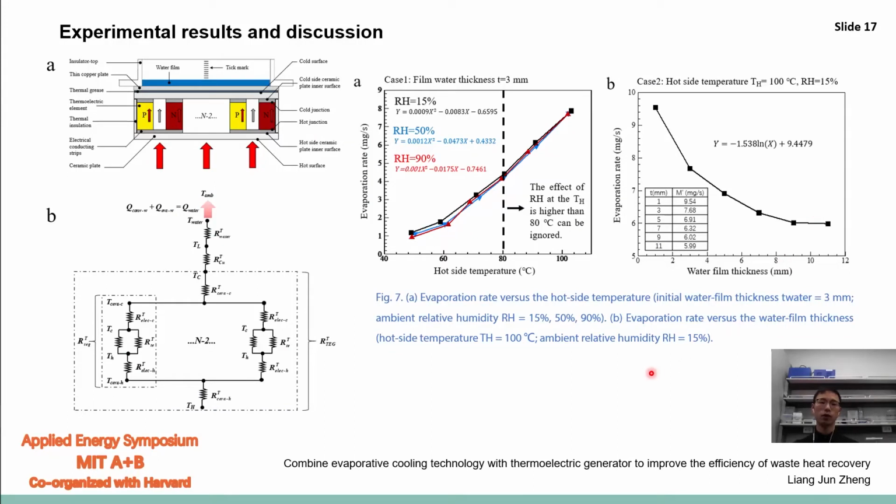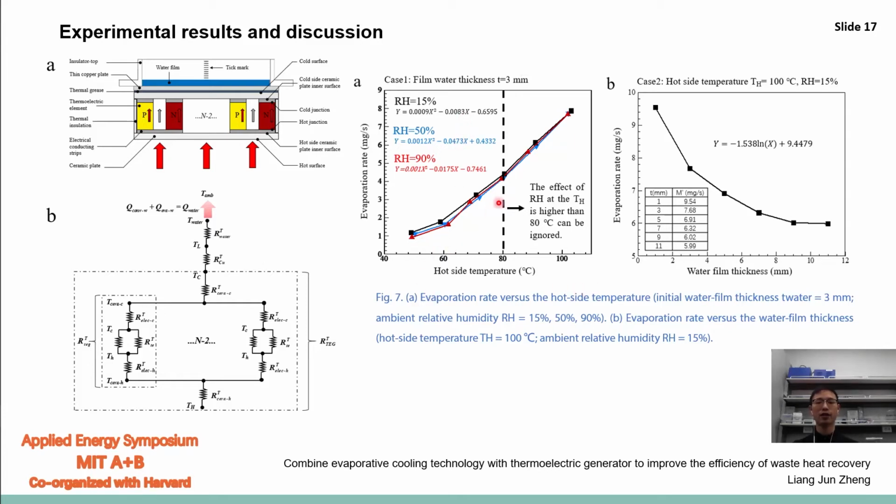And before we do the experiment, we have to get the evaporation rate to control the water film thickness. So in case 1, we initially set the water film at 3 mm and change the relative humidity and the hot side temperature.